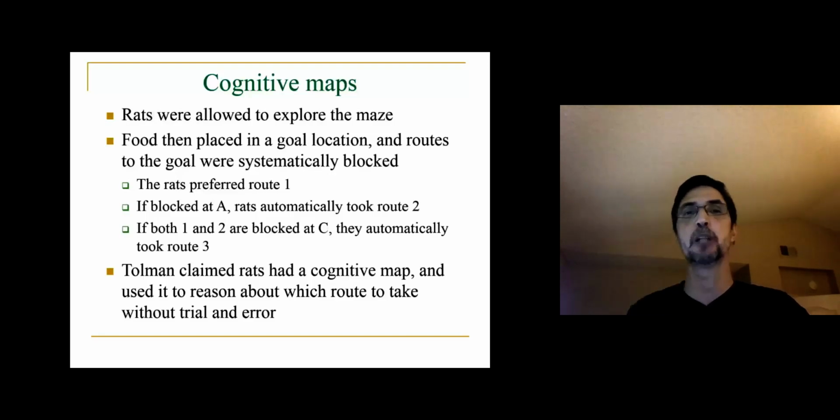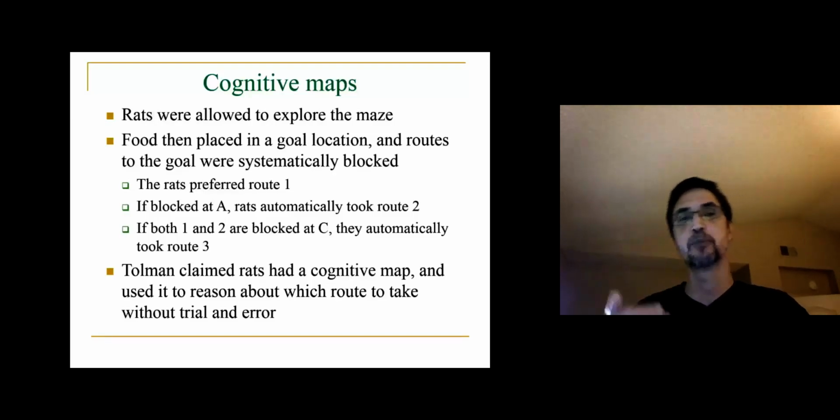Without any blocks, the rats preferred Route 1. Why? Because it is a much more direct route to the food source. But if the maze was blocked at location A, the rats automatically took Route 2, the next shortest route.